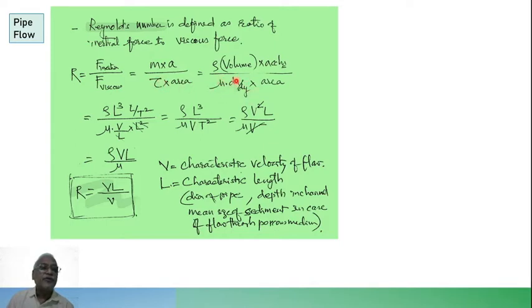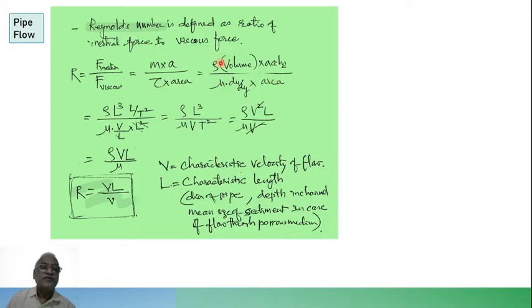Tau is equal to mu into du by dy, where mu is dynamic viscosity, Pascal seconds is the unit of measurement, du by dy is the rate of strain, du is a velocity increment, dy is an incremental distance, right? So the rate at which the velocity is changing with distance, that is du by dy, or we can replace this ratio with V by L also, right? So that multiplied by area gives viscous force.